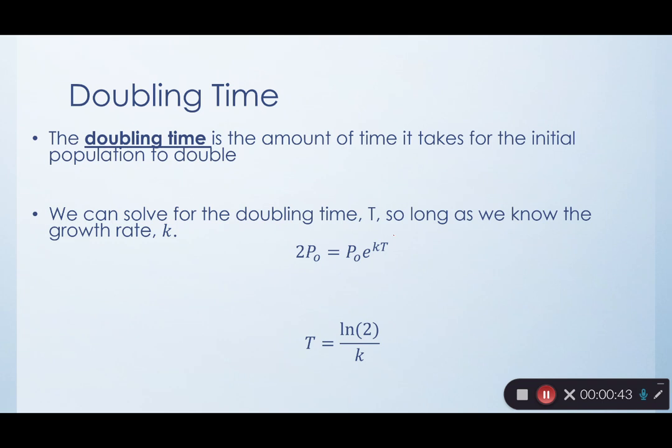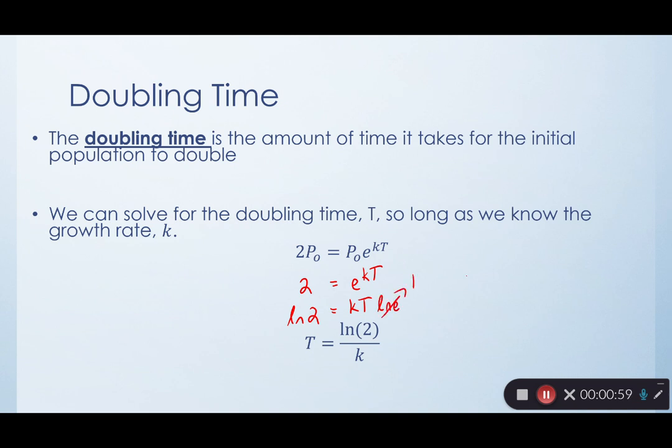Of course, we're going to divide both sides by P0. Then we're going to take the log of both sides, and since we've got E here, we're going to use natural log. And remember, ln of E is 1.